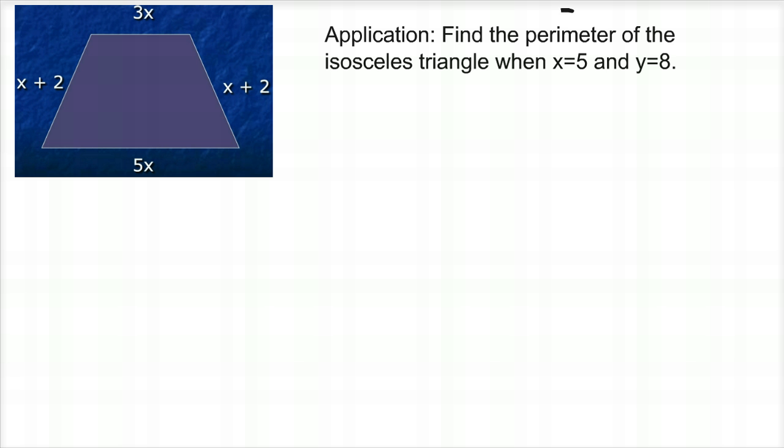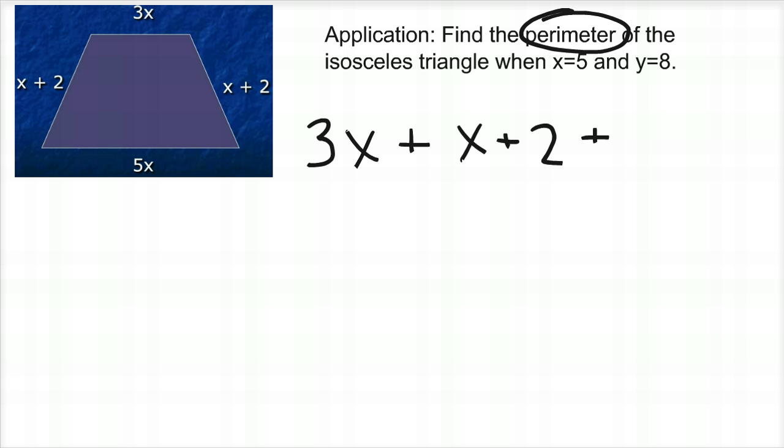Just as you would find any perimeter, you need to add up the exterior side lengths. So 3x plus x plus 2 plus 5x plus x plus 2.